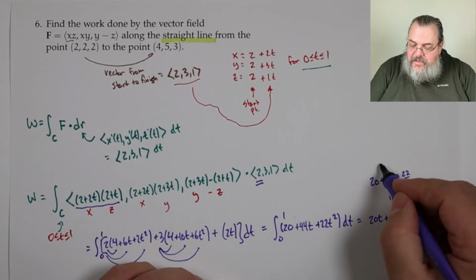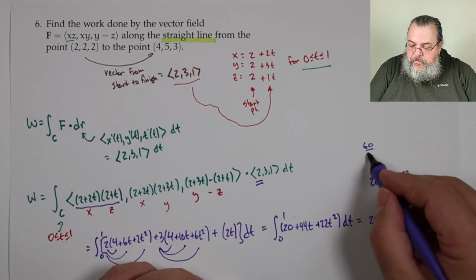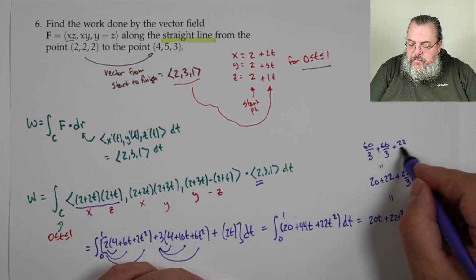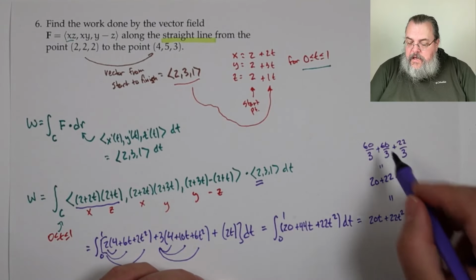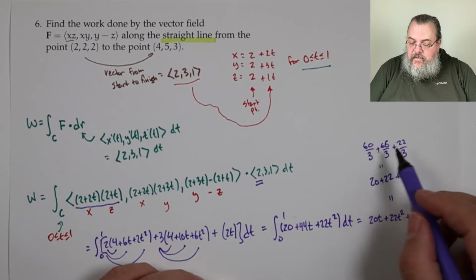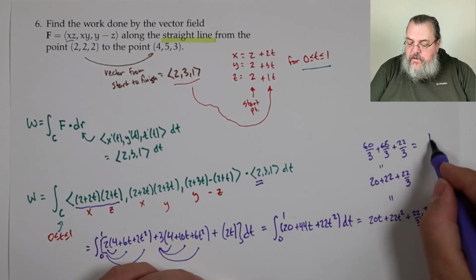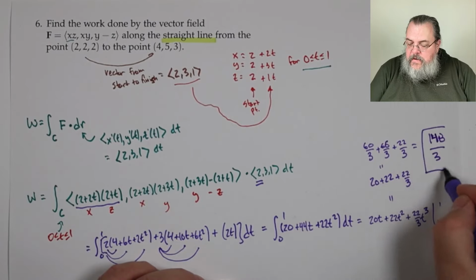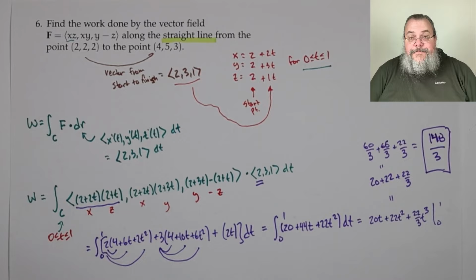So that's 60 over 3 plus 66 over 3 plus 22 over 3. And if we add these together, we get 88 plus 60 makes it 148 divided by 3. And that's the answer. 148 thirds.